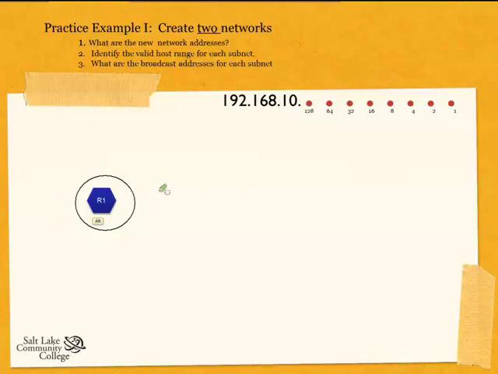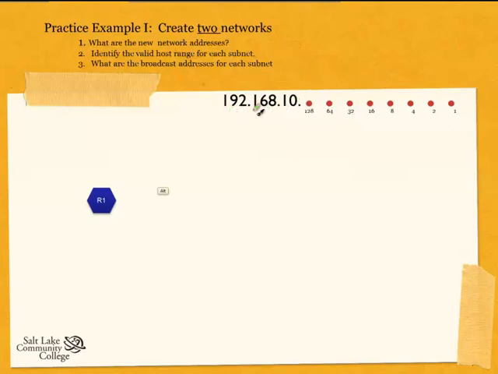And what we're going to do is add two networks. So we're going to take this default Class C address that we have and subnet it into two networks. Now, the first thing that we need to do when trying to accomplish this is to realize that we must borrow bits. So what I've done is taken this Class C default one network.